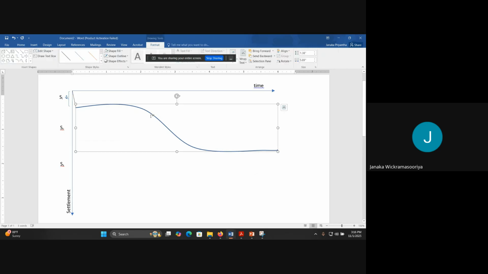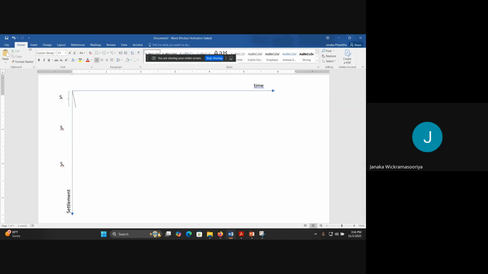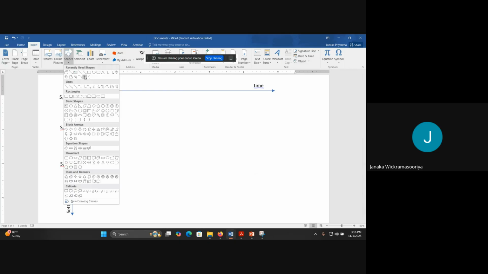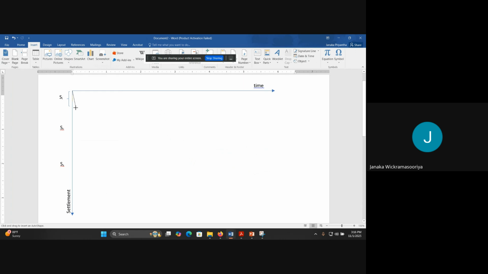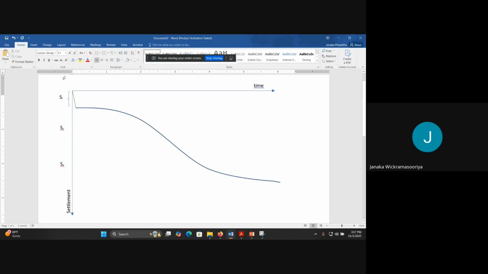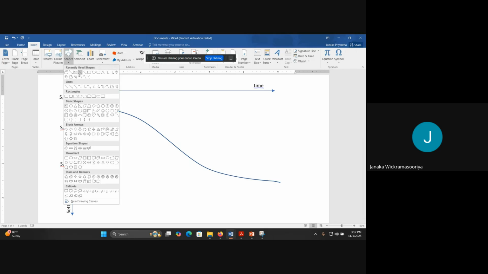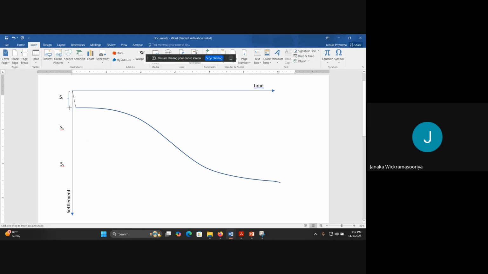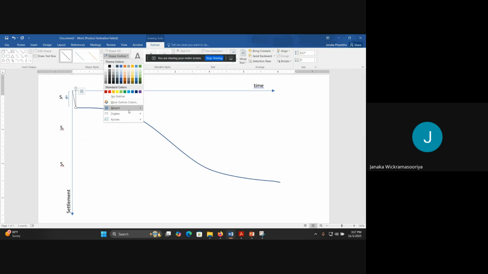Yes, you will get a graph like this, but this should go up. So I will draw it again, starting from this one and this one. Yes, somewhere here. Yeah, the graph would be something like this, right? From here to here, let's take it as dotted lines.